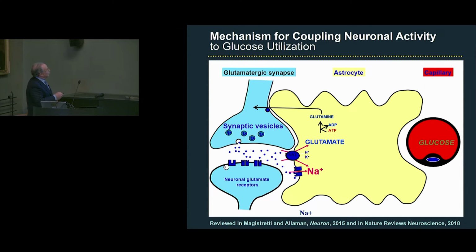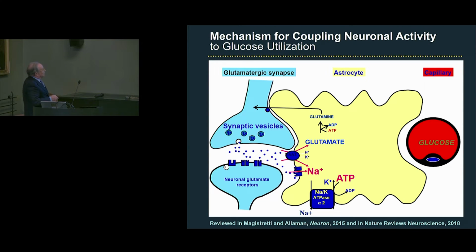First, part of it, at least maybe 70, 80%, is converted to glutamine, and this uses one ATP. And this glutamine, again studied here in Oslo, is taken up and recycled in synaptic terminals and then converted back to glutamate in order to replenish the glutamatergic pool.